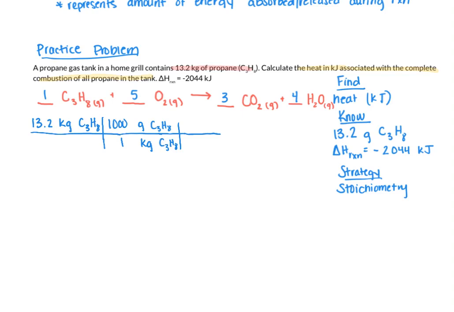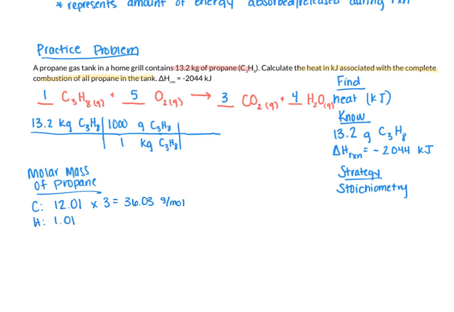It doesn't give us the molar mass of propane, so we're going to need to find that. For carbon, we know that carbon is 12.01 grams per mole, and there are 3 of them, which should give us 36.03 grams per mole.